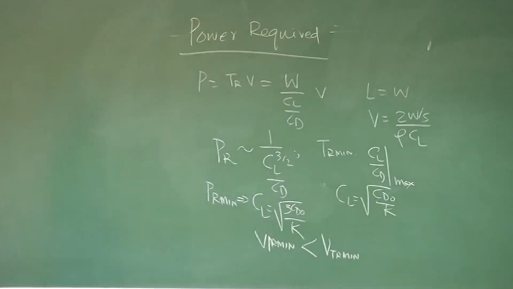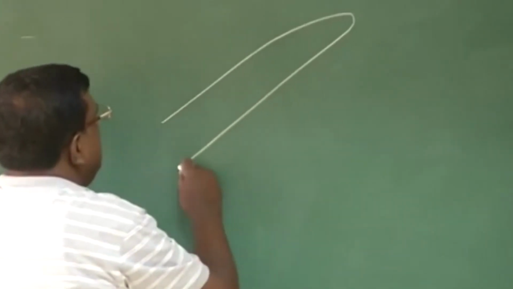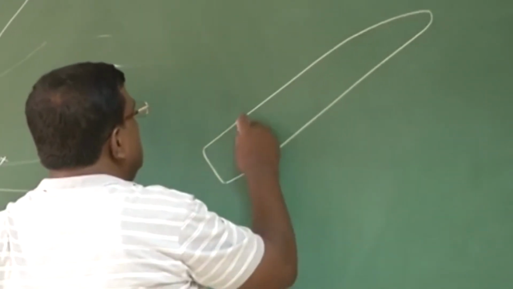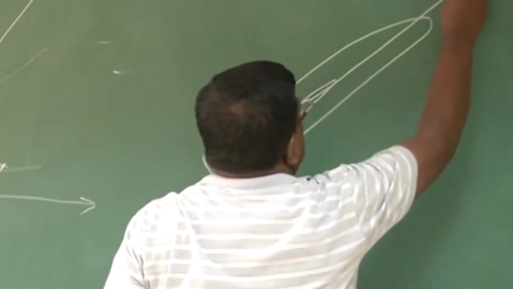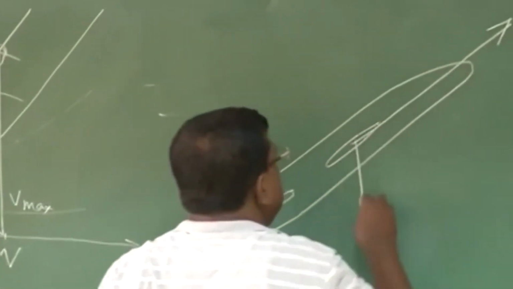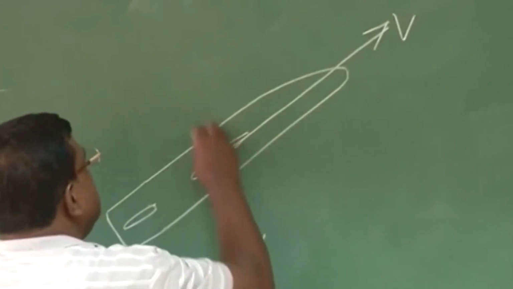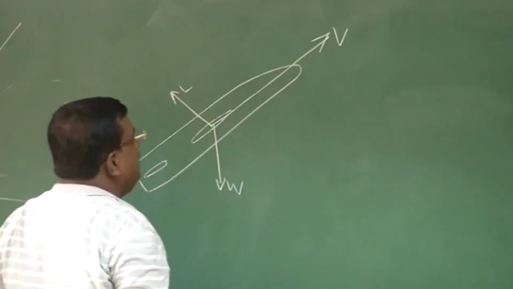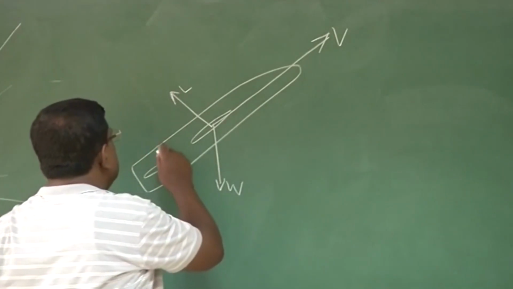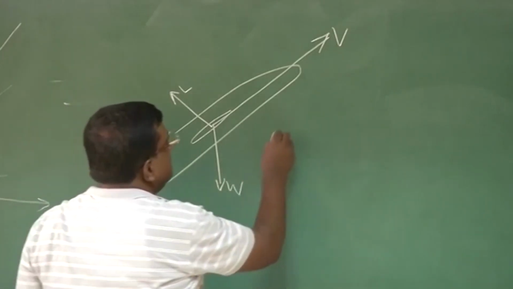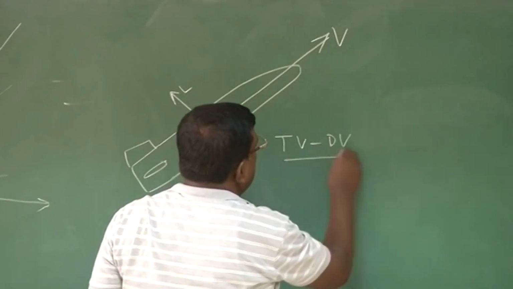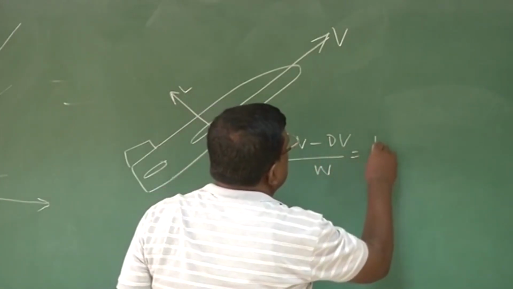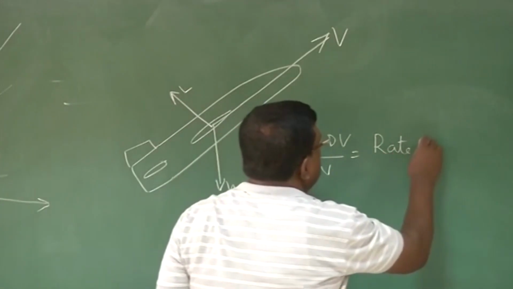Once we understood this, we also tried to see what happens if an airplane goes on climb, and there we also realize that TV minus DV by W is the rate of climb.